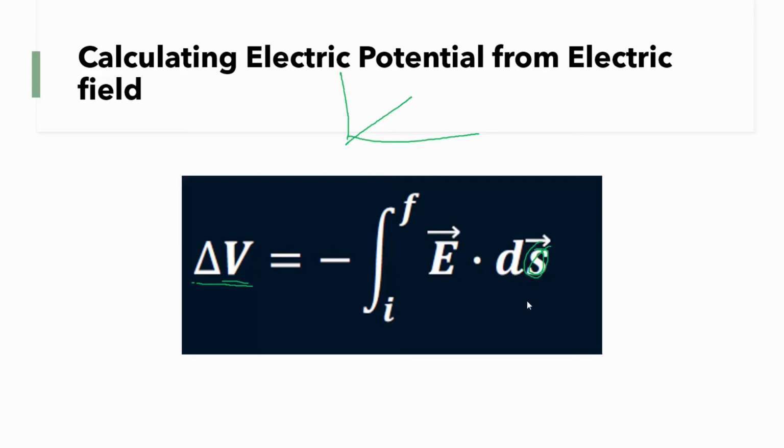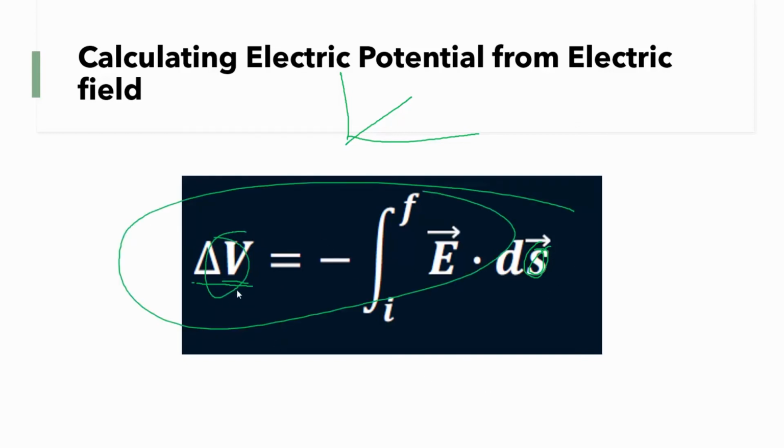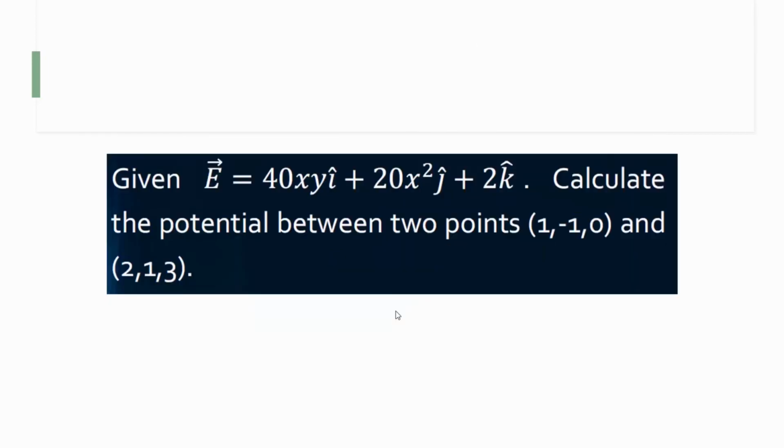So, mas ma-explain yon maya-maya. Pero, memorize na itong formula na to. This is delta V. So, yan ay either positive or negative depending sa difference. Negative integral, so may integral na naman from F to I. Okay.